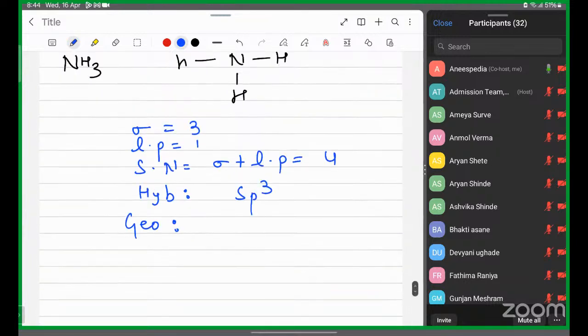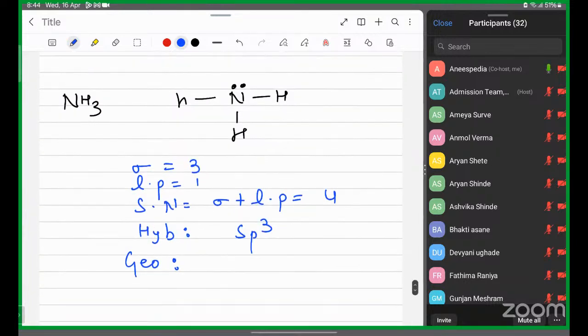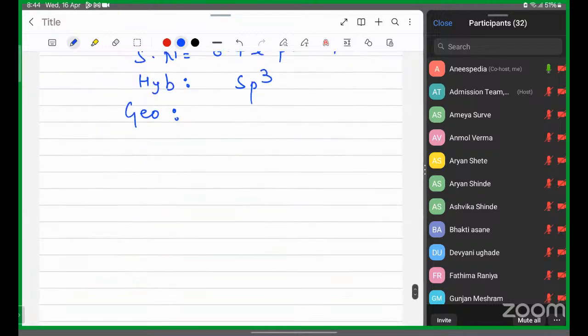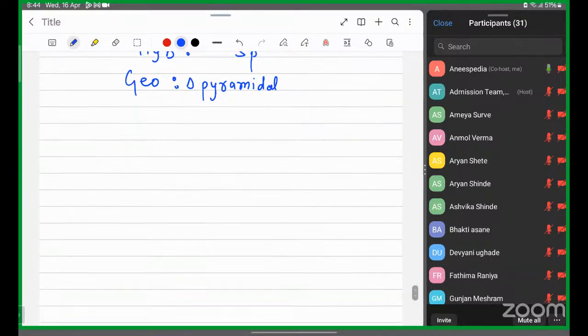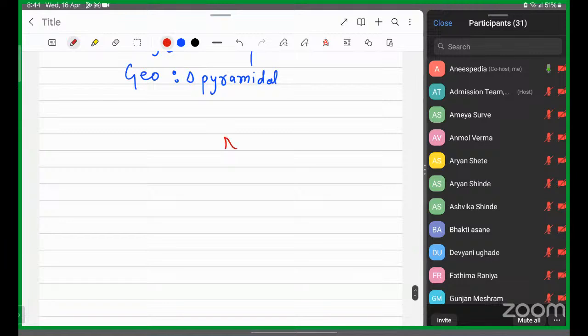But in ammonia, there is one lone pair. This lone pair will change the geometry of ammonia from tetrahedral to pyramidal. So the geometry of ammonia is triangular pyramidal. In fact, the structure will be in reality like this: N bond H bond H bond H, and there will be one lone pair here.